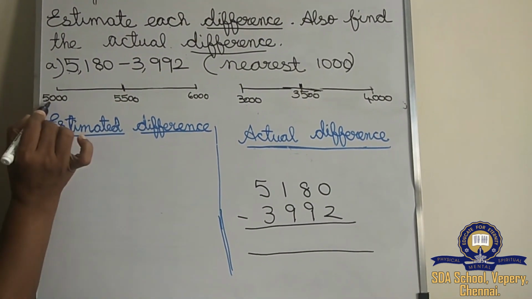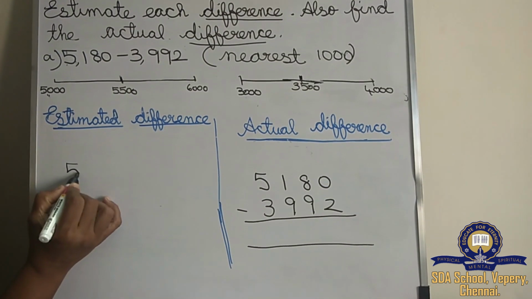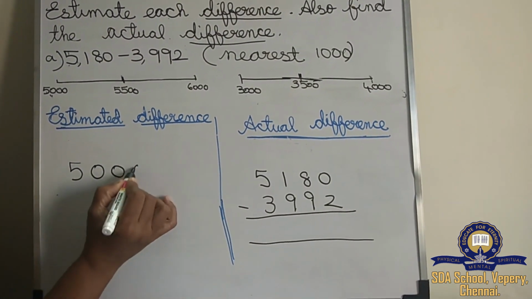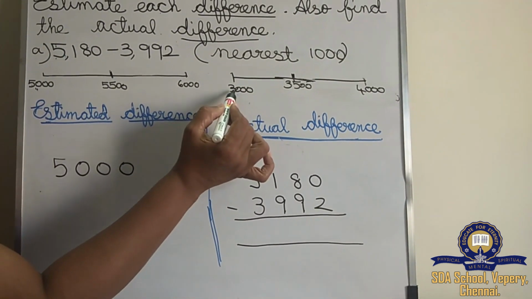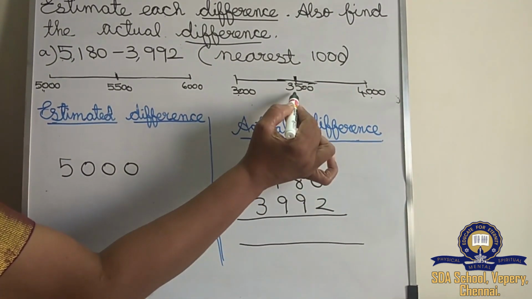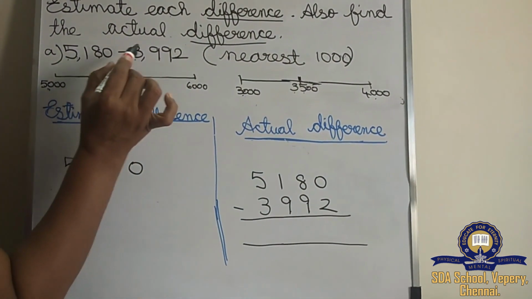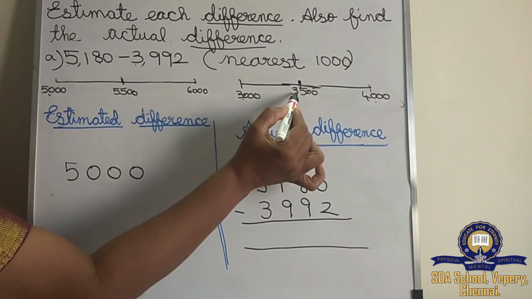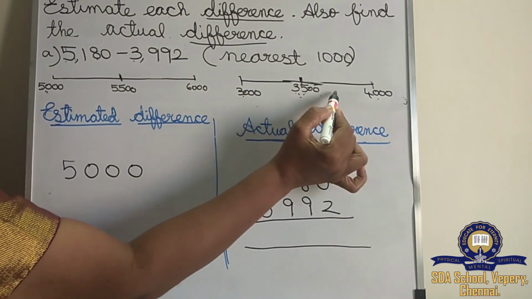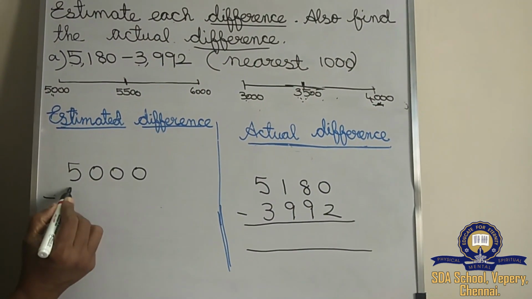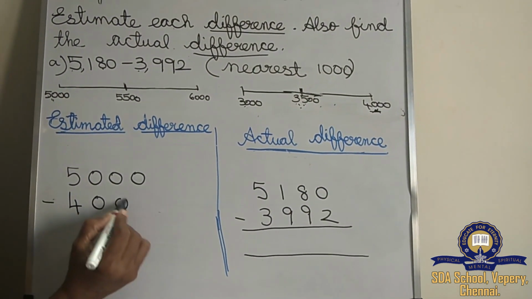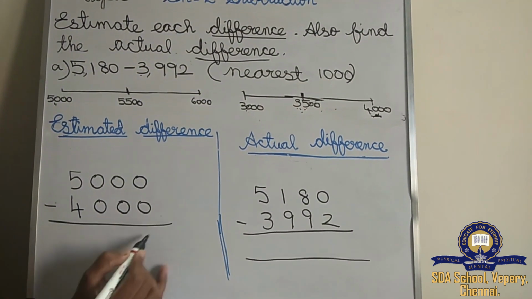So what do you write? It's nearest to 5000. And coming to 3992, see here 3000, 4000 and 3500. So 3992 comes above 3500. So it's nearest to what?